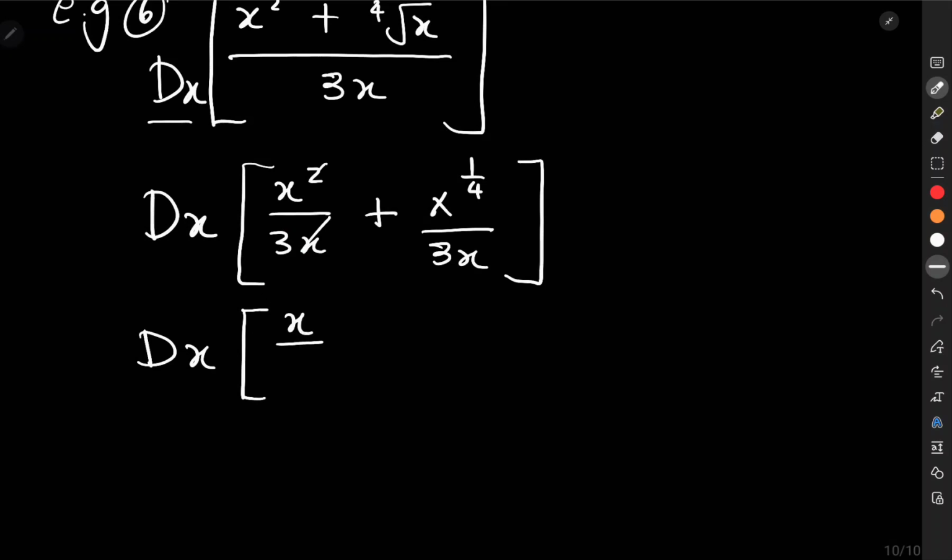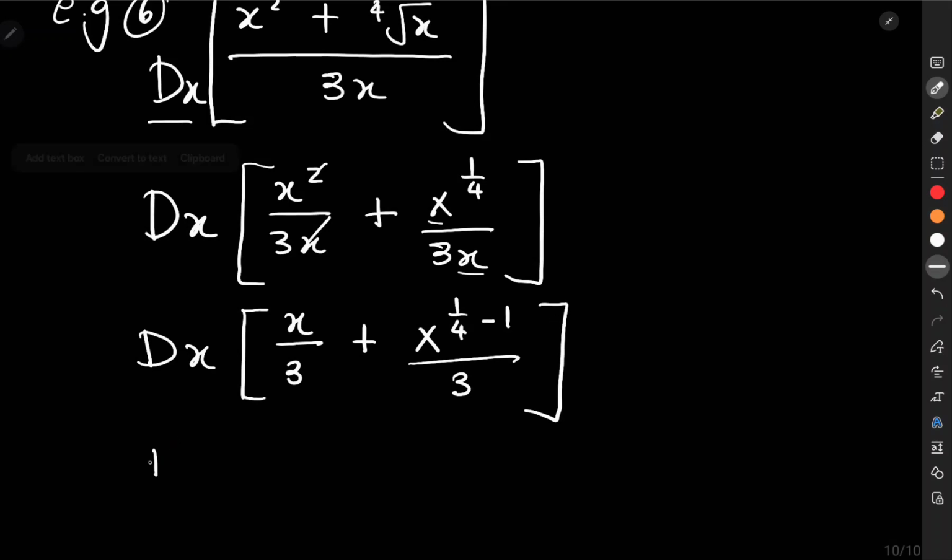I have x over 3 plus, and then here we have the bases that are the same. So obviously, we just have to subtract the exponents. So we're going to have x to the power of 1 over 4 minus 1, all that over 3.